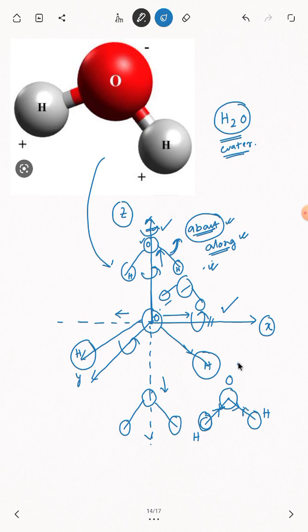Here the molecule is a water molecule. How is a molecule formed? It is the aggregate of atoms. What are the atoms? Hydrogen 1, 2 and oxygen 1.